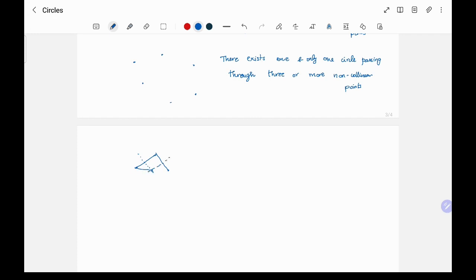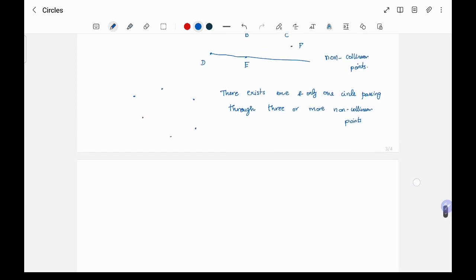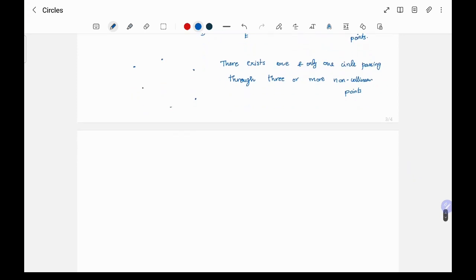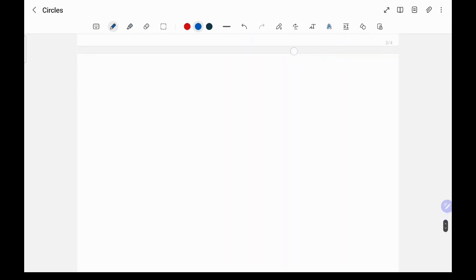Now you know the radius, and with this you can draw a circle. It will pass through all of the points. So this is one construction where you can visualize that if there are 3 non-collinear points, there can be one circle drawn through them, and the theorem says that there can be one and only one circle. So you can't draw 2 or more circles.